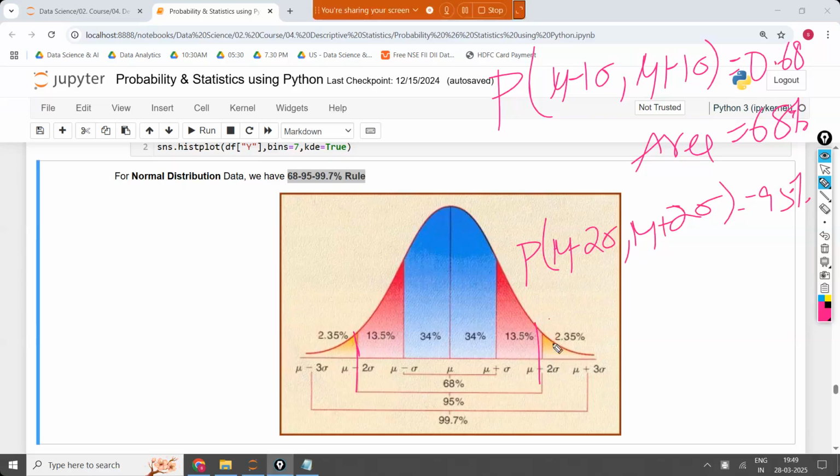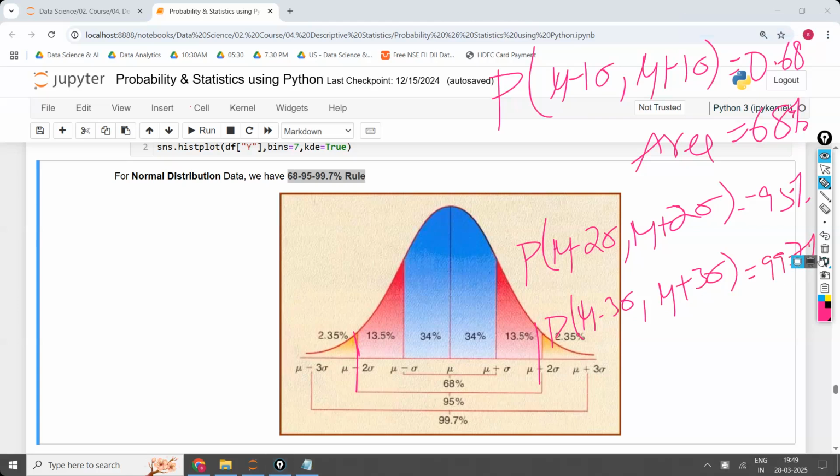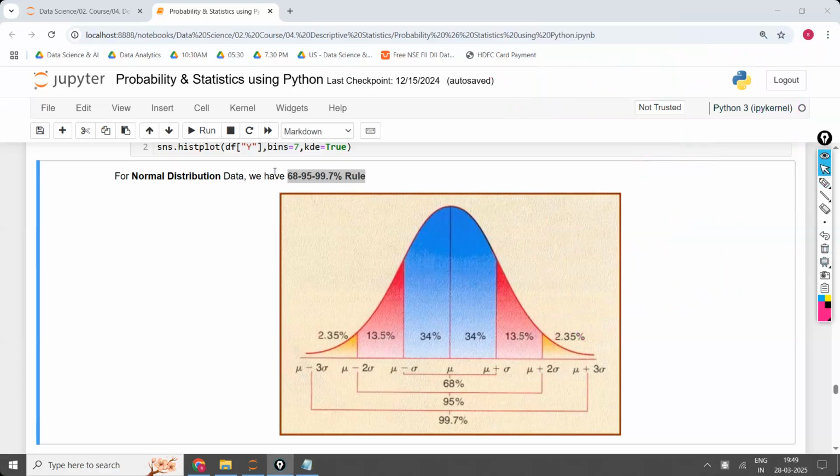Right? Now, what is the probability of mu minus 3 sigma to mu plus 3 sigma? The area covered between minus 3 sigma and plus 3 sigma is 99.7%. So it is called the 68, 95, 99.7% rule. Now almost 99.7% of the data is covered.